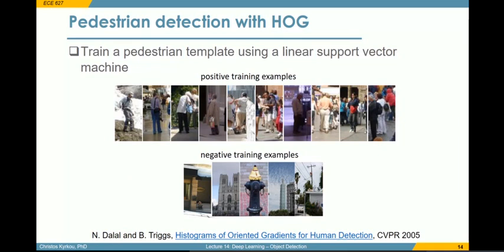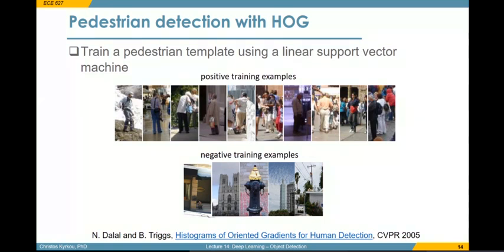Typically, we had to construct a database for the detection task that we had to solve. For example, here we see a lot of examples of the object, which correspond to the positive class, and negative training examples which don't contain the object.